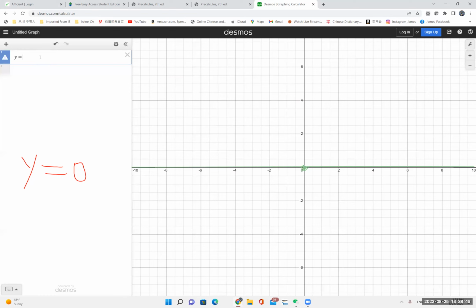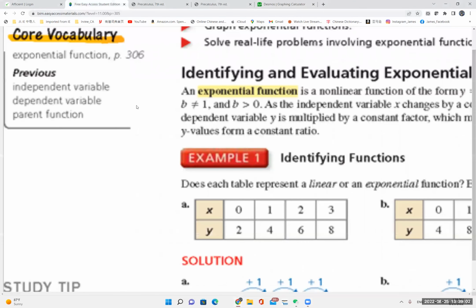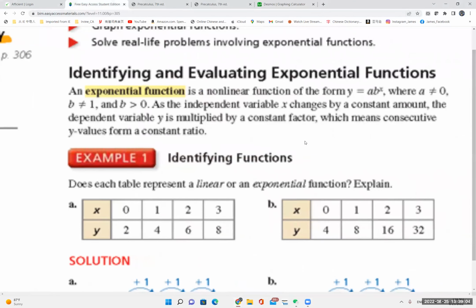Yeah, it's a horizontal line, just the x-axis, right? So it's a linear equation we already learned. It's not an exponential function. That's why a cannot be 0.